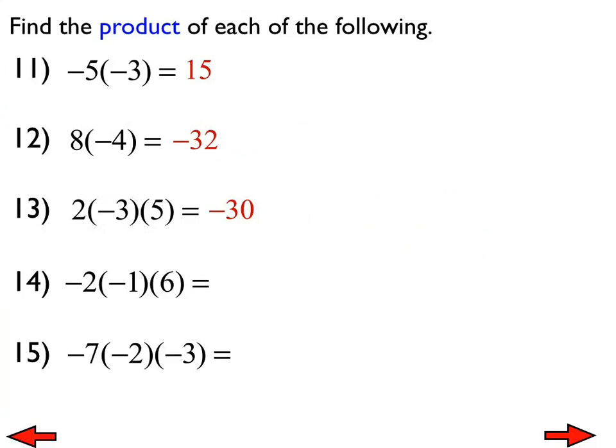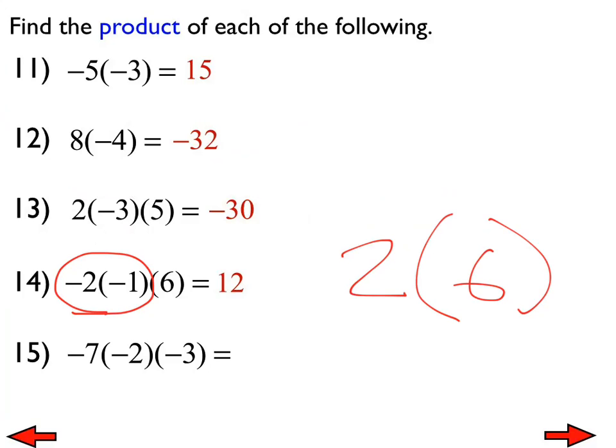Please use the correct sentence frame. Number 14. Very good. The product is 12. And the reason is because negative 2 times negative 1 is 2, and then 2 times that 6 is 12.